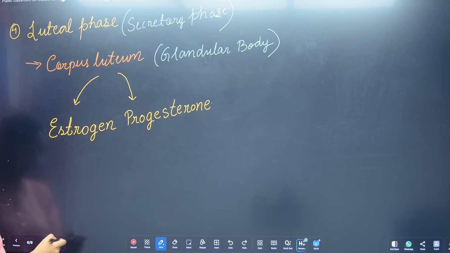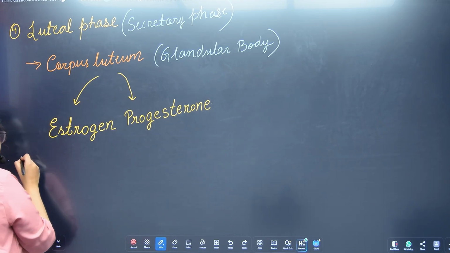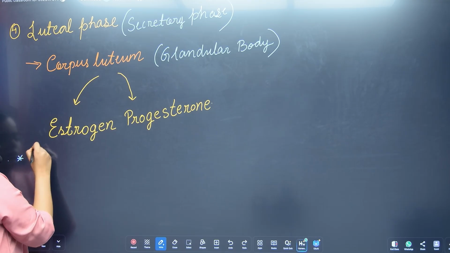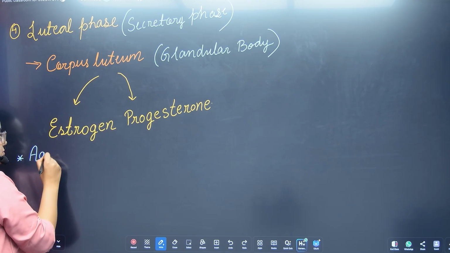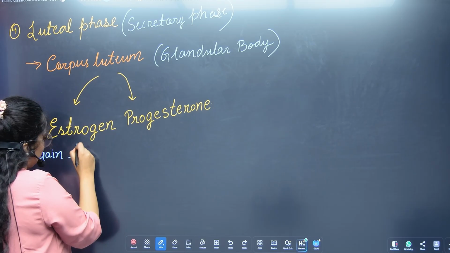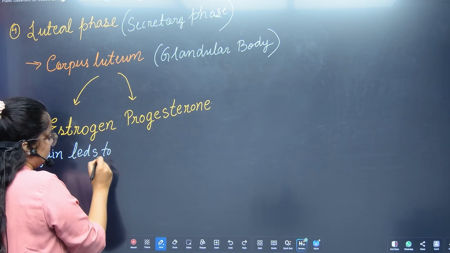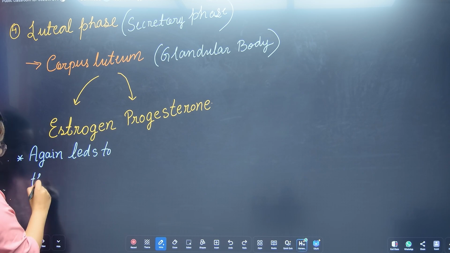Here, this estrogen leads to the thickening of the endometrium.